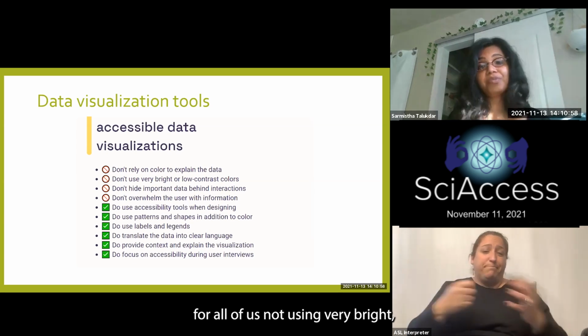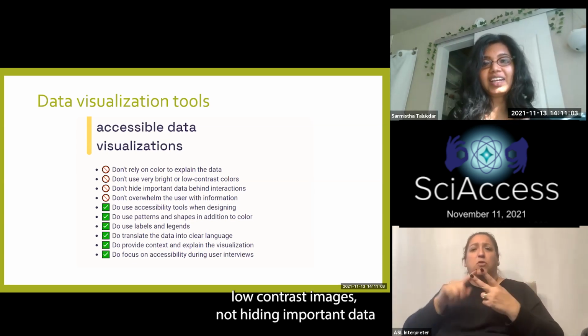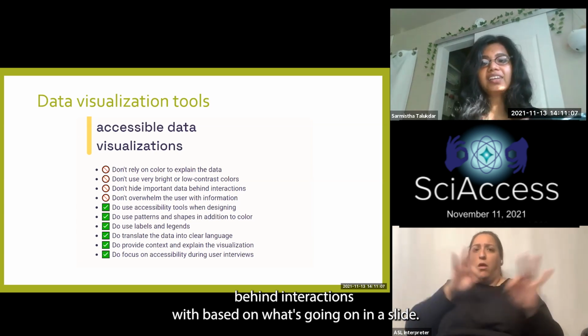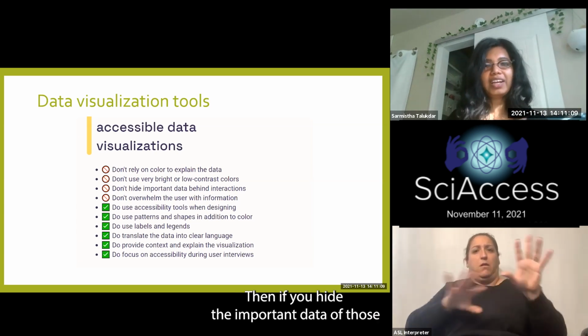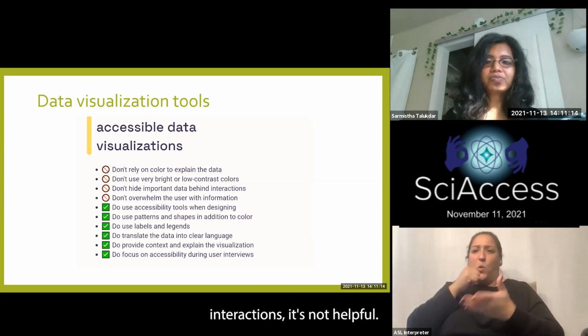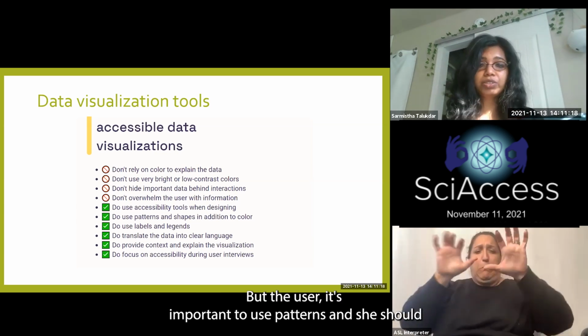Not using very bright or low contrast images, and not hiding important data behind interactions. If there's too much going on in a slide, then hiding the important data behind those interactions is not helpful. If there is too much information in a slide, then it gets overwhelming for the user.